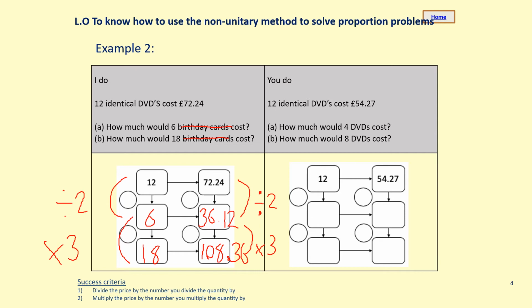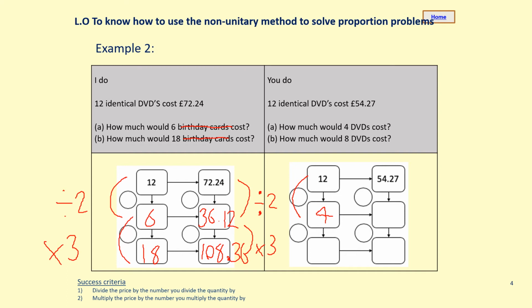Okay, so hopefully you've taken a minute, you've worked out the you do, or you've at least had a go, and it says 12 identical DVDs cost £54.27. How much would 4 DVDs cost? So 12 costs £54.27, and we've got to work out 4. So ask yourself first, how do we get from 12 to 4? What division or multiplication would we do?